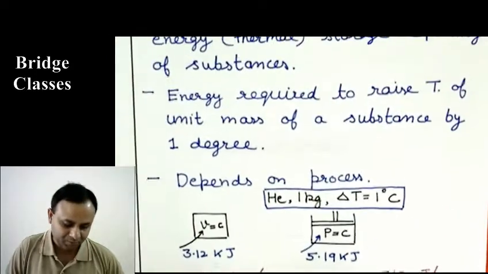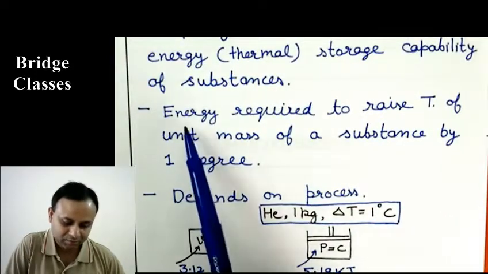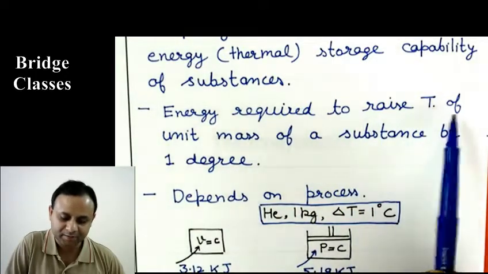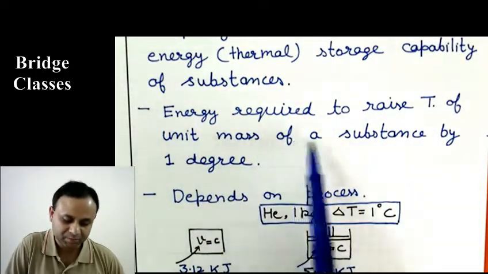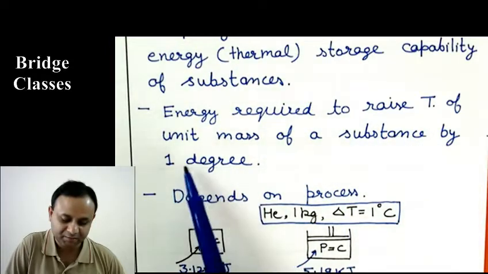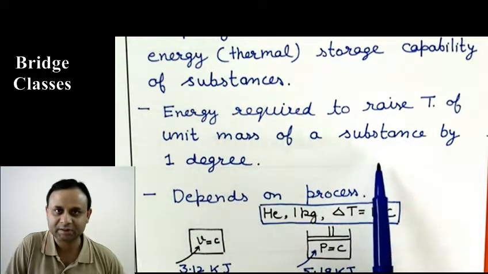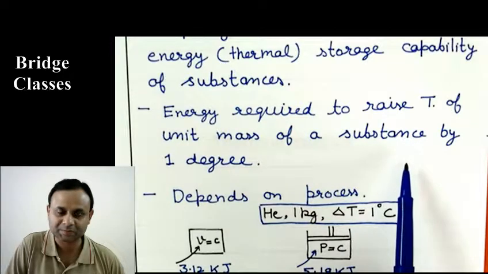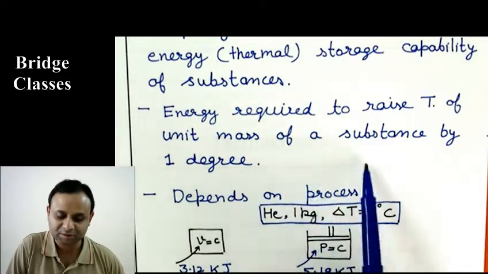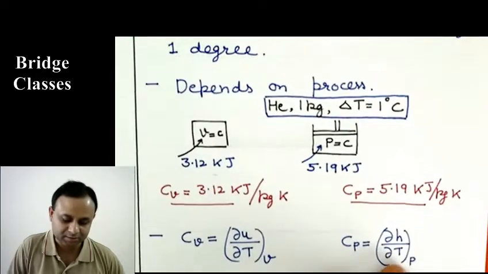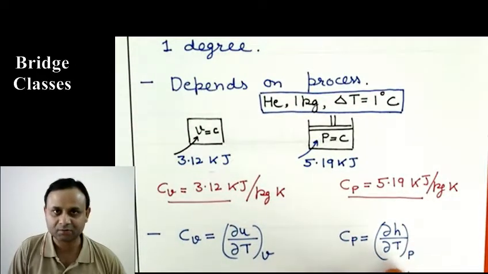So I want to complete this definition now. So if we say energy required to raise temperature of unit mass of a substance by 1 degree when the process is executed at constant volume, so we are specifying the process, then it is called specific heat at constant volume.